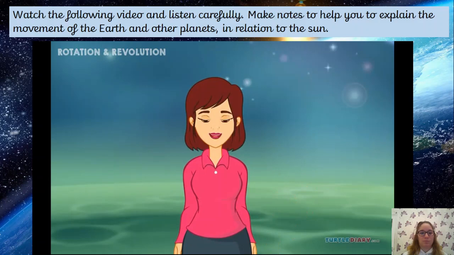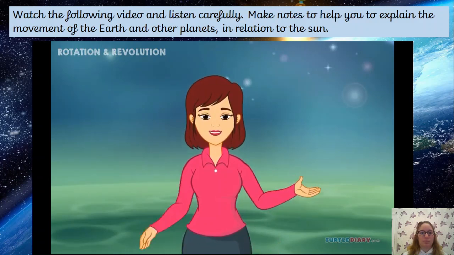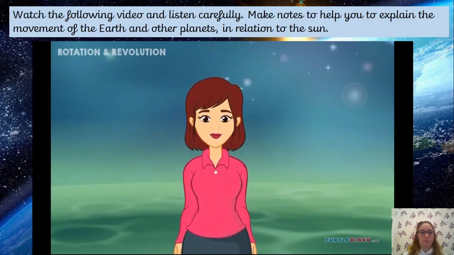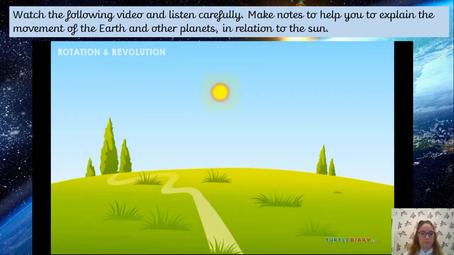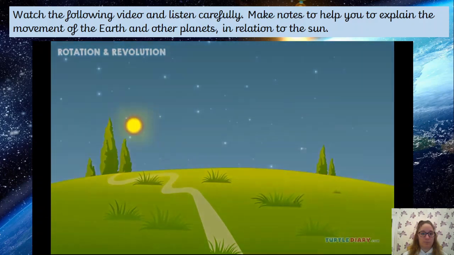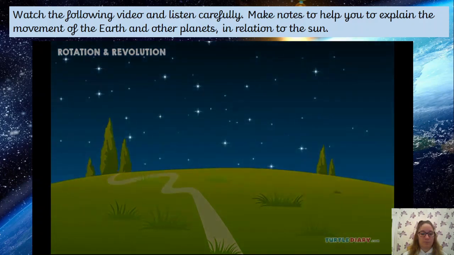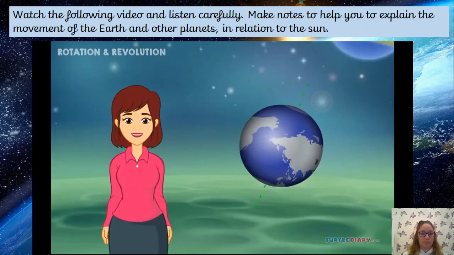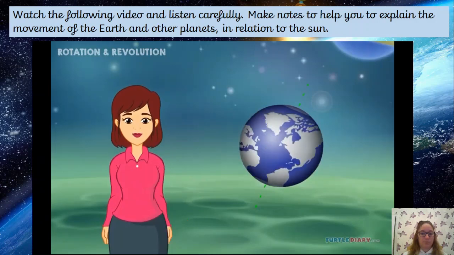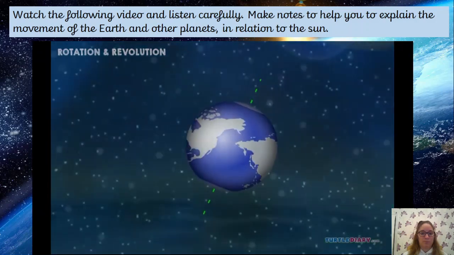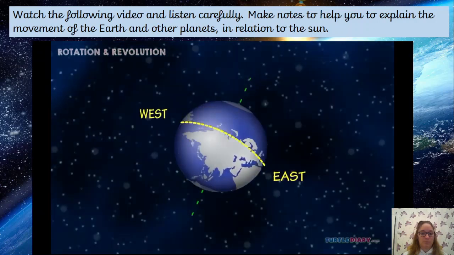Have you ever wondered why we have days and nights? Why does the sun seem to come up in the morning? Why does it seem to go down at night? Days and nights happen because of the Earth's rotation. The Earth spins around from west to east.